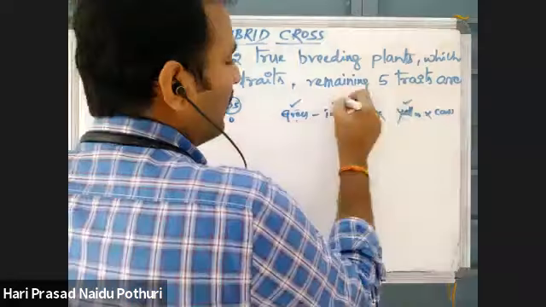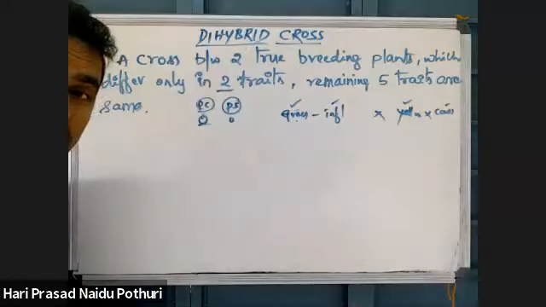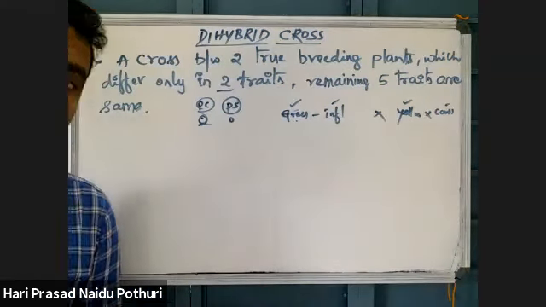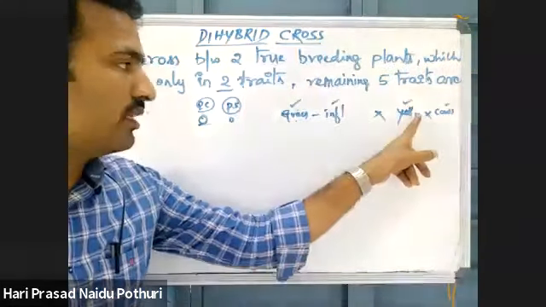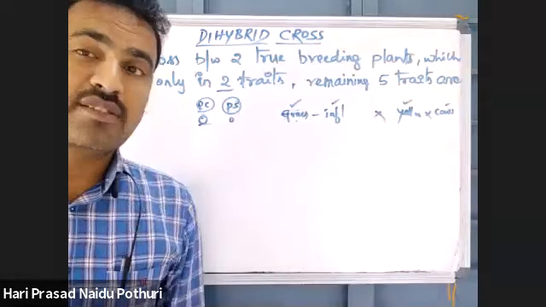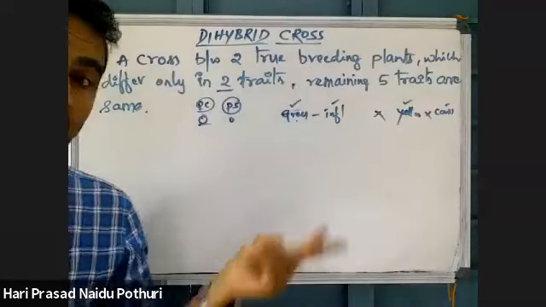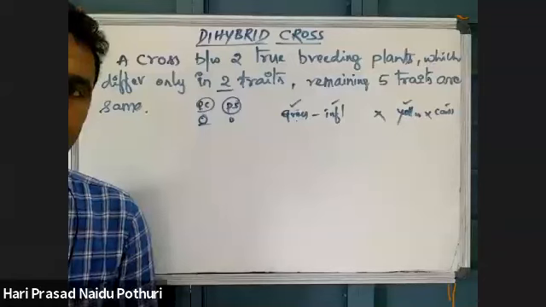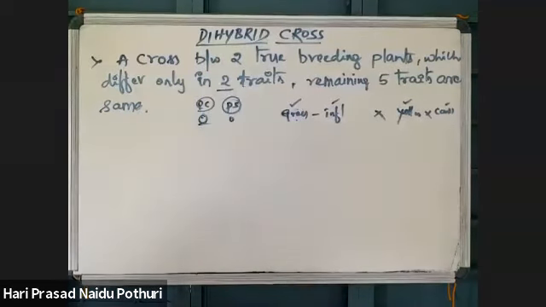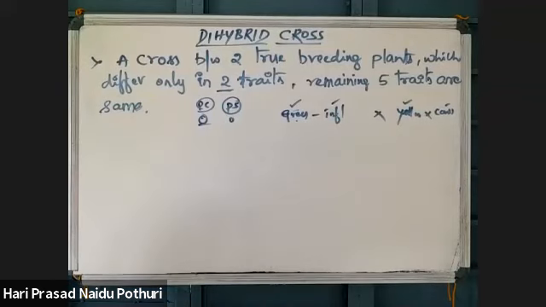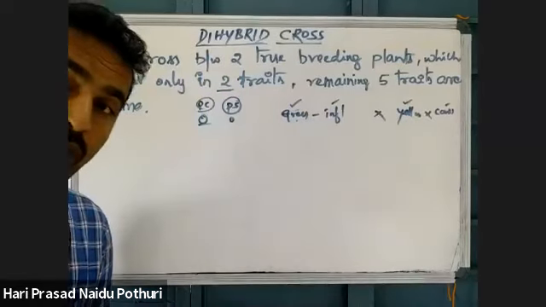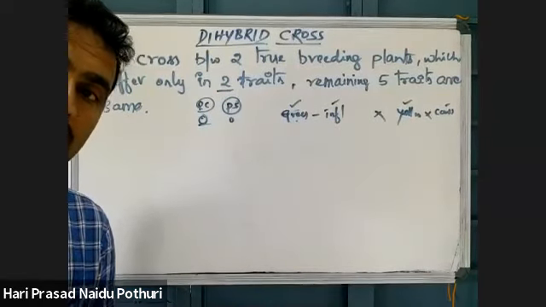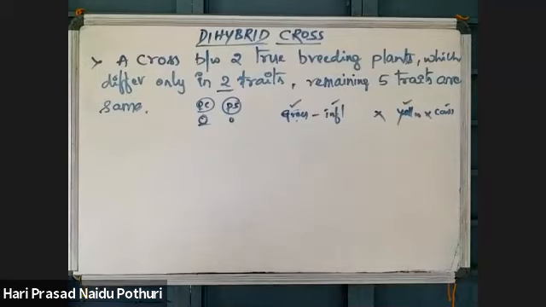Remaining 5 characters are same, meaning both parents may be both tall or both dwarf, both have round seeds or both wrinkled seeds, both yellow or green seeds, both terminal flowers or axial flowers.